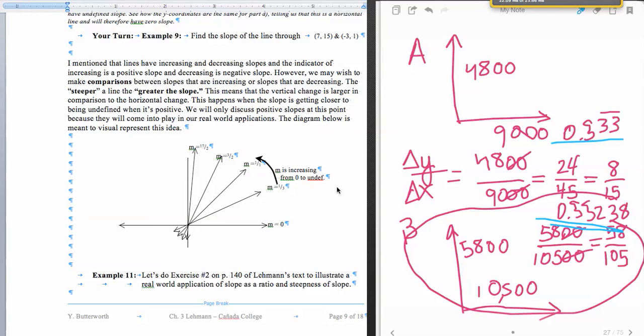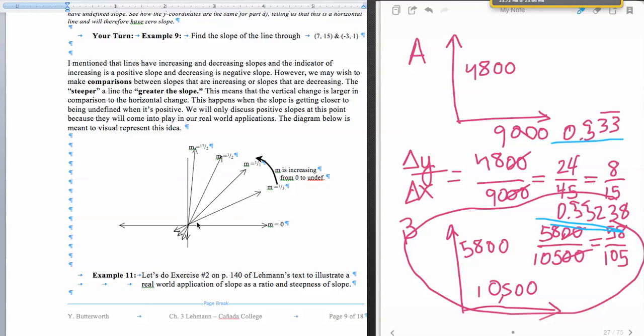So what we want to realize is that, you see this diagram up here, as we climb, as we get increasing slopes steeper and steeper, we go from being at 0 on up through 1, and then larger and larger unit ratios as we go up to being undefined, essentially.